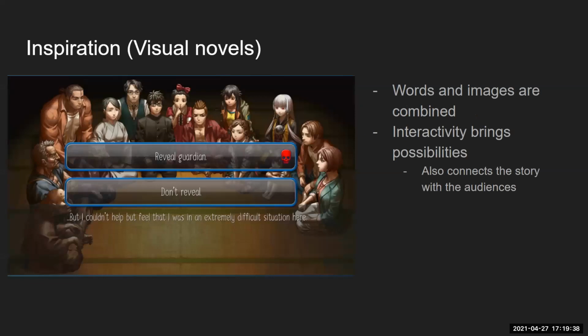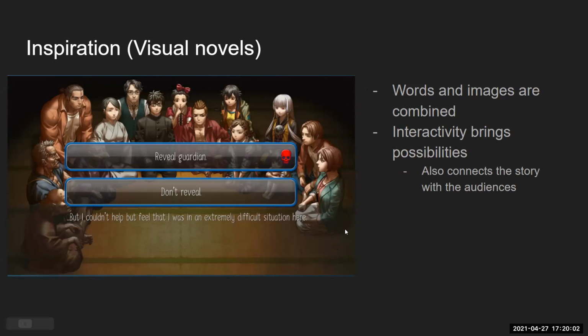So the last inspiration is visual novels. It is a little different from the previous two, but I have a very typical visual novel example here. In this example, you're gonna see the characters in the background, and they're talking about stuff.